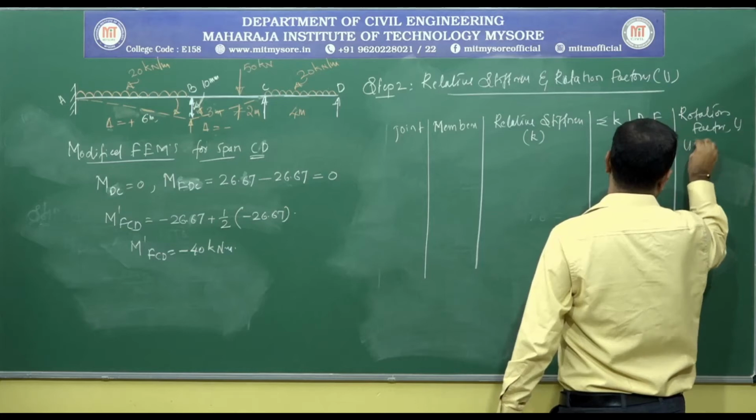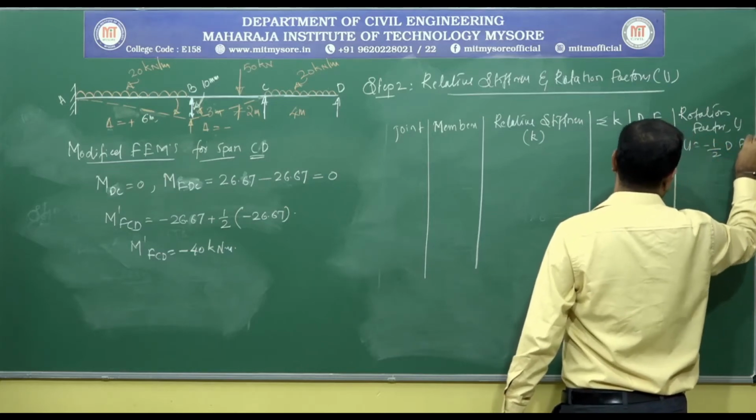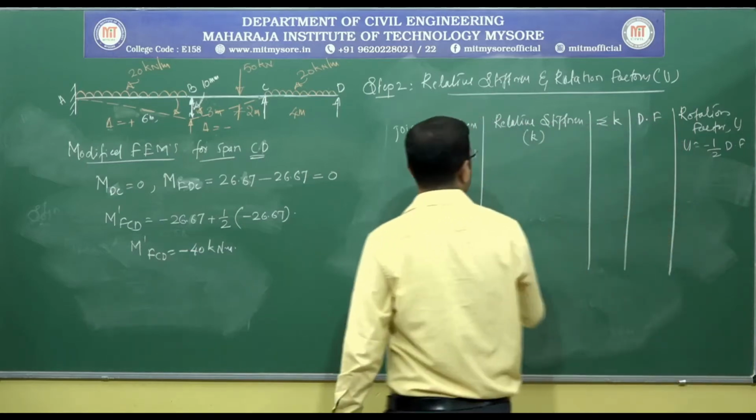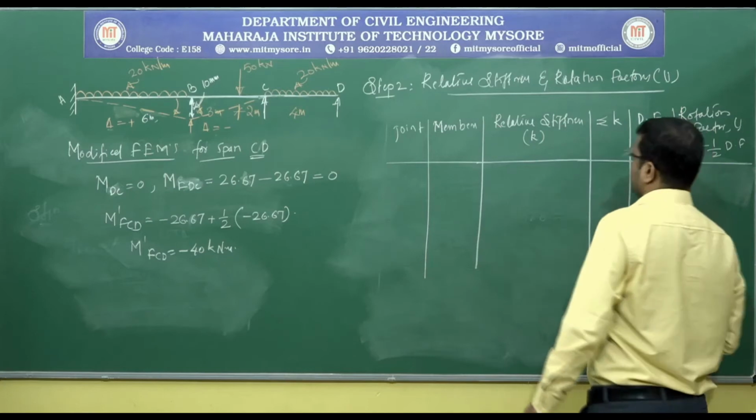U is equal to minus half of distribution factor.